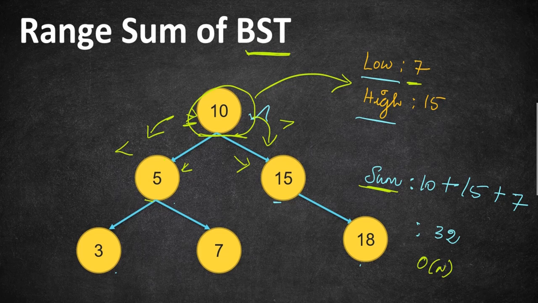Coming to 5, 5 is not in the range, so we are not going to include this value. At the same time, all the nodes which exist below it on the left side are definitely going to be less than 5.